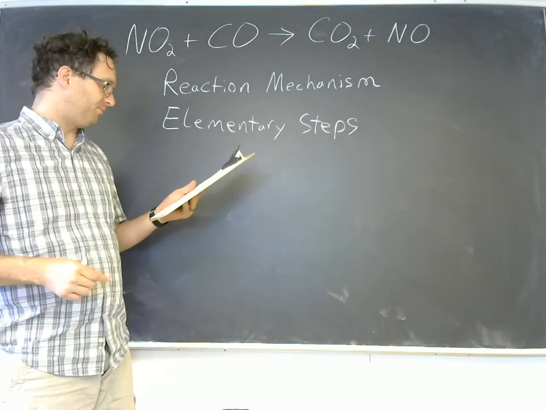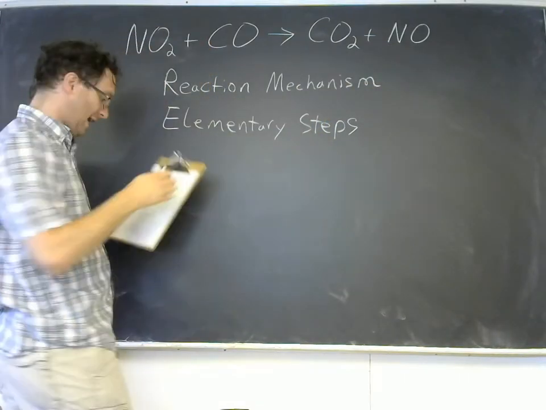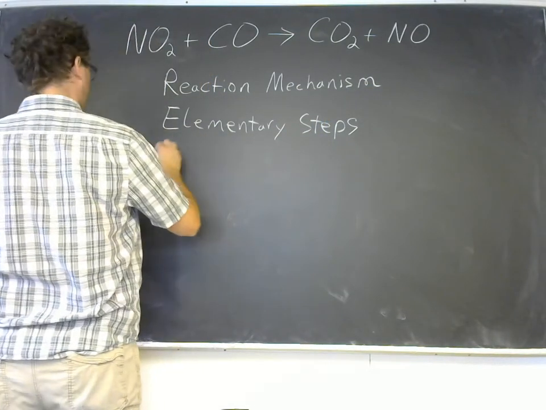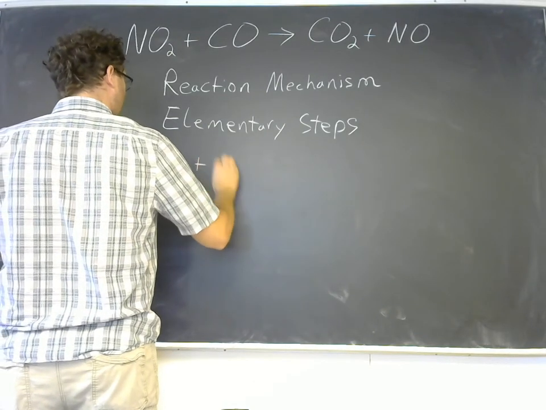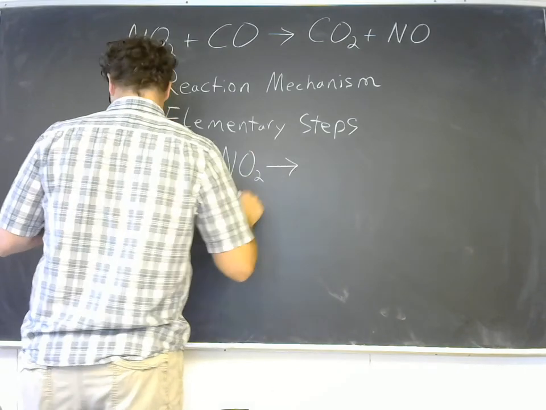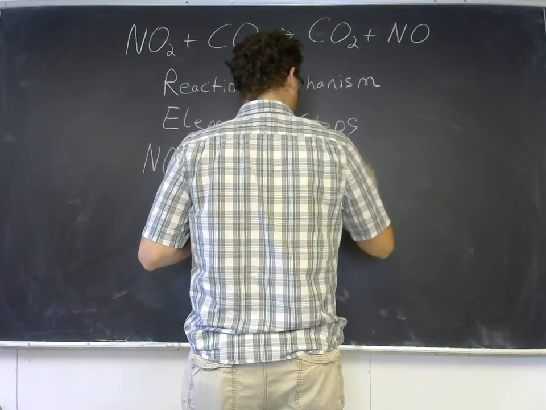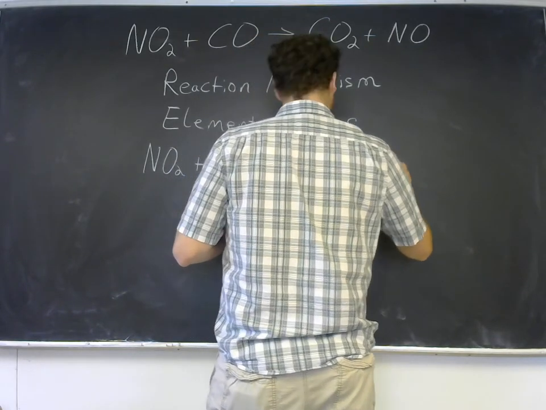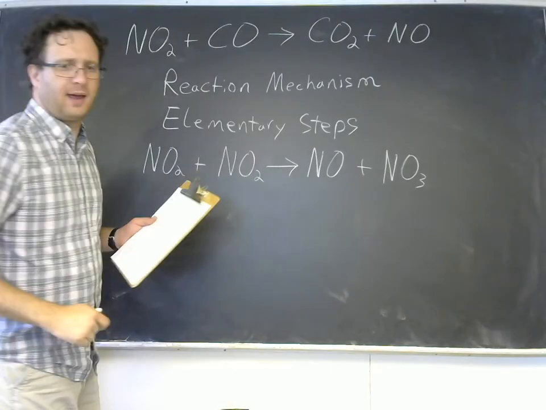And here's an example of a reaction mechanism for this reaction right here. We could have the first step where two nitrogen dioxide molecules actually encounter one another, and they're going to exchange an oxygen to produce nitrogen monoxide plus nitrogen trioxide. And all of these are in the gas phase.